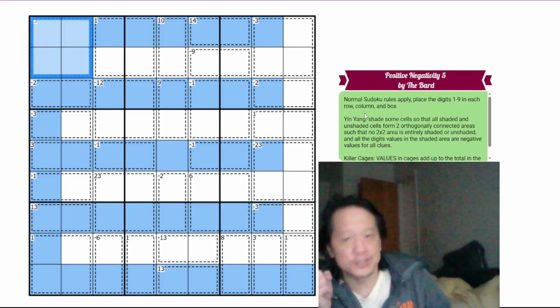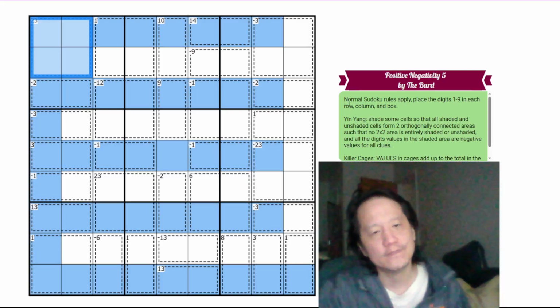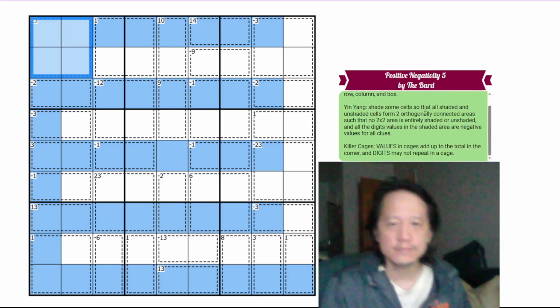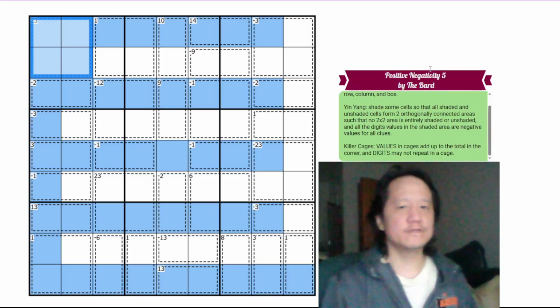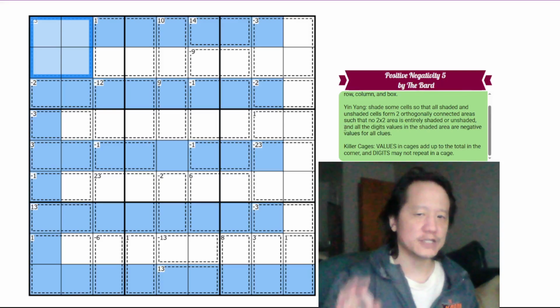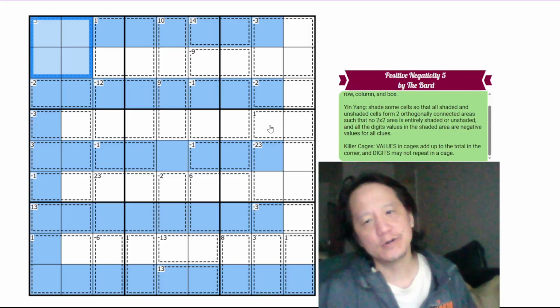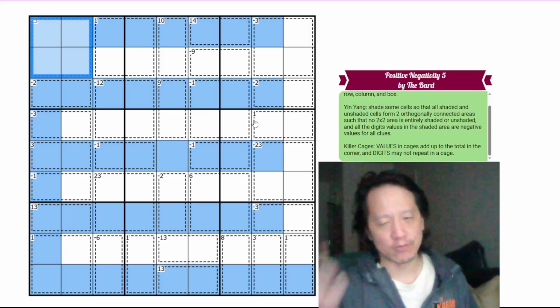And for purposes of values, a shaded cell is negative. That's important because of killer cages, where values in cages add up to the total in the corner, and digits may not repeat in a cage.